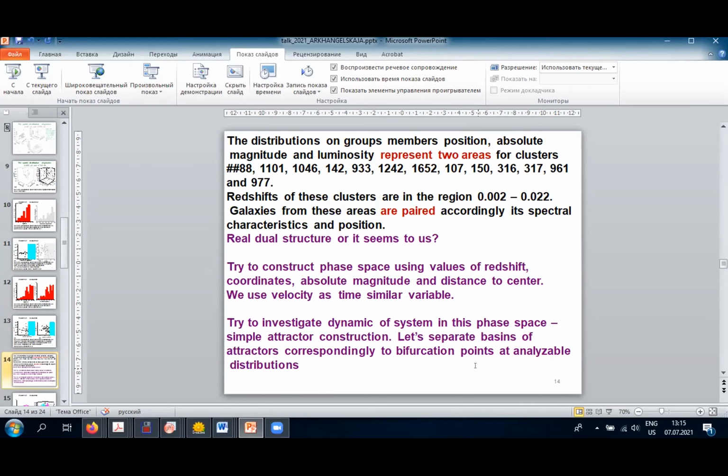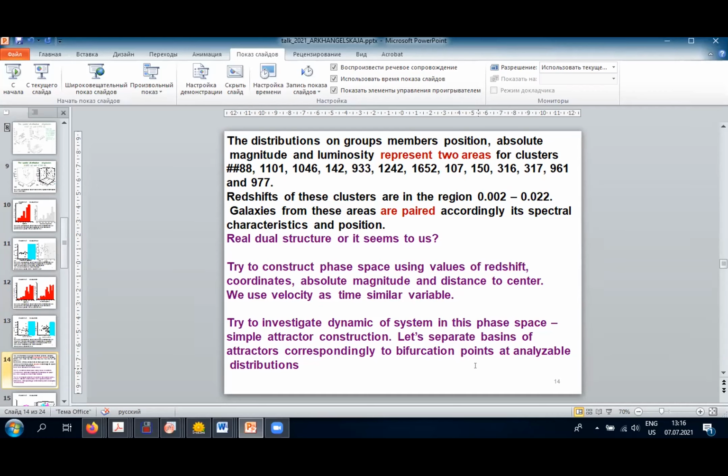The redshifts of these clusters are in the region from 0.002 up to 0.022, and galaxies from these areas are paired according to their spectral characteristics and position. In this case, the question occurs: is it a real dual structure or does it only seem so to us?